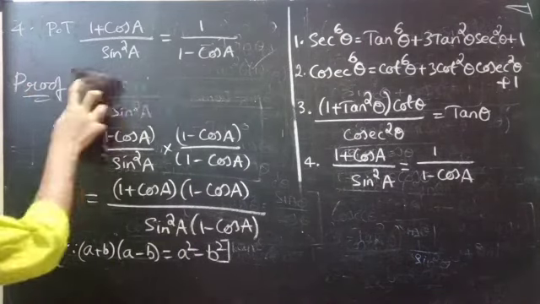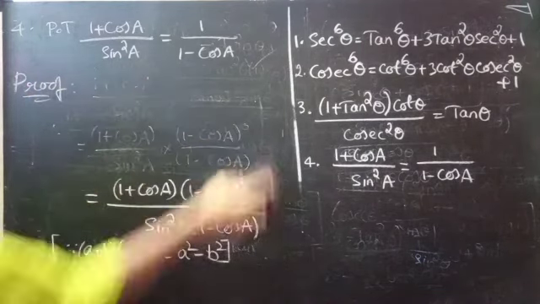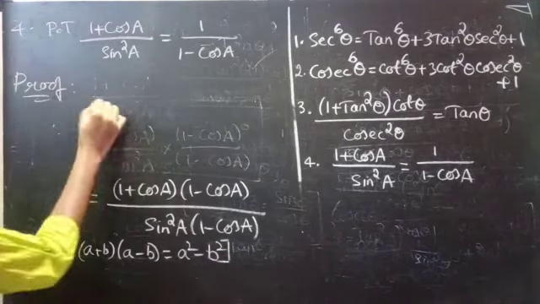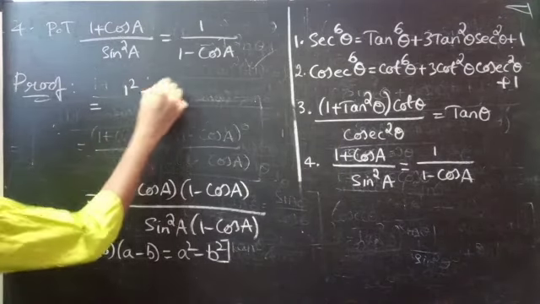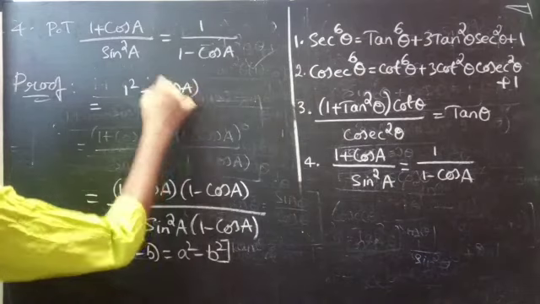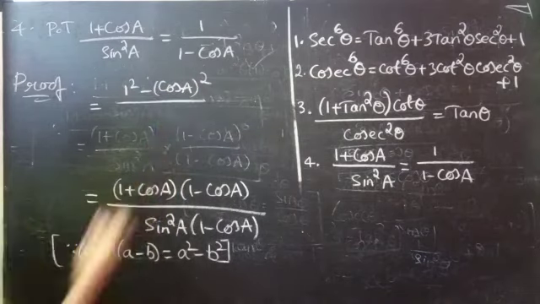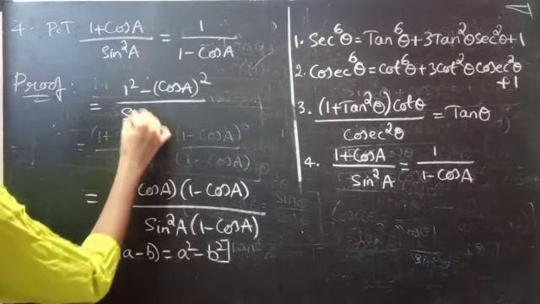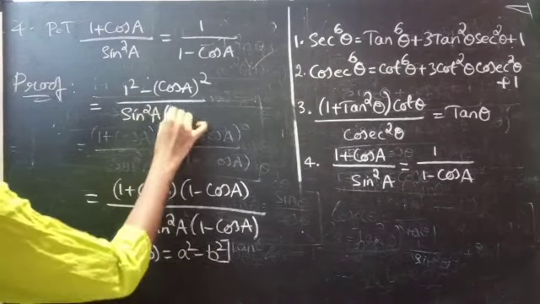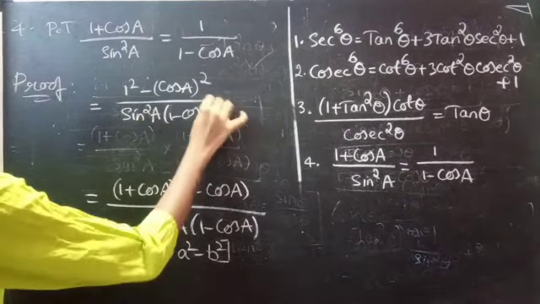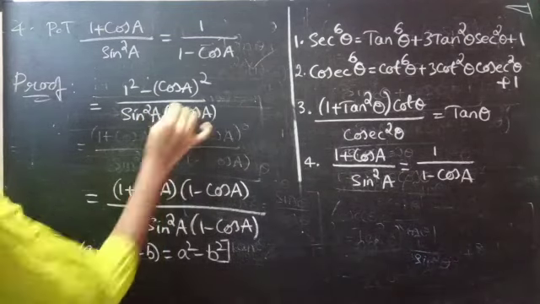So you'll get 1 square minus cos A whole square divided by sin square A into 1 minus cos A. Denominator remains the same. Okay.